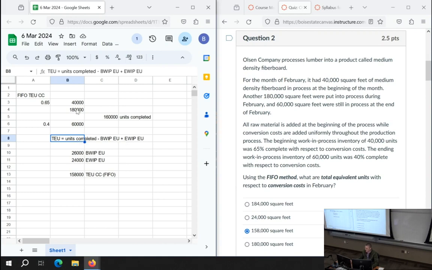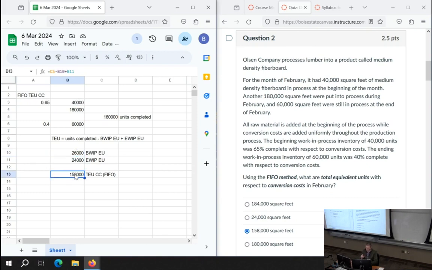So it's easy for people to get flipped around and try to, in the TEU equation, add beginning WIP and subtract ending WIP, just like you do right here. No, they're two separate calculations. This one is to figure out the physical units that are going to fill out the plug, and this one is to figure out the denominator for our rate, excluding the beginning WIP equivalent units.